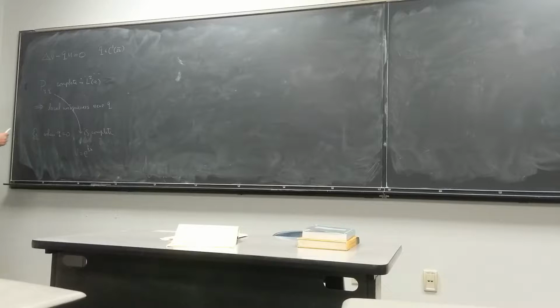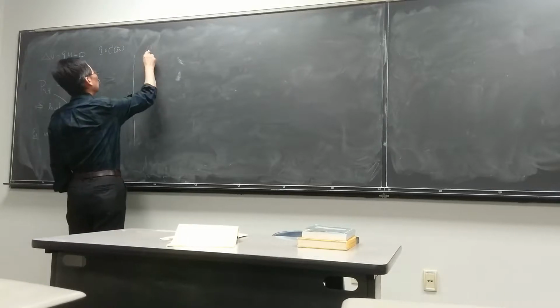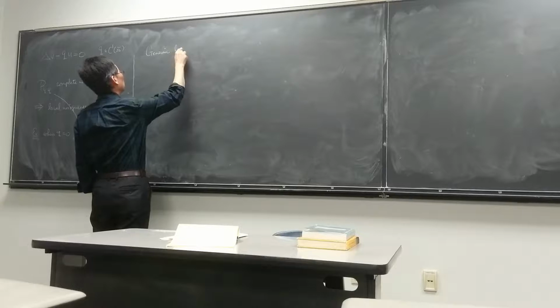So this is a very restricted result, because we would like to see for what kind of non-trivial Q this is also complete. So here what we're going to do is prove a generic local uniqueness.